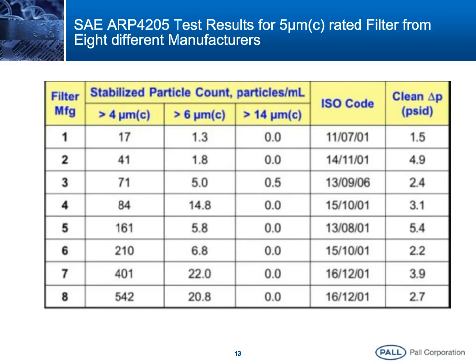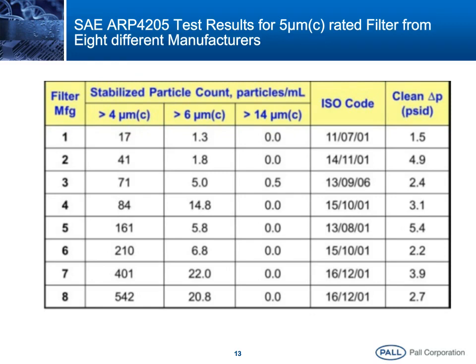For example, the oil filtered by the filter from manufacturer number 1 had roughly 32 times lower number of 4 micron and larger size particles compared to the filter from manufacturer number 8. That is a huge difference in performance for two filters that were rated as identical by the multi-pass test.